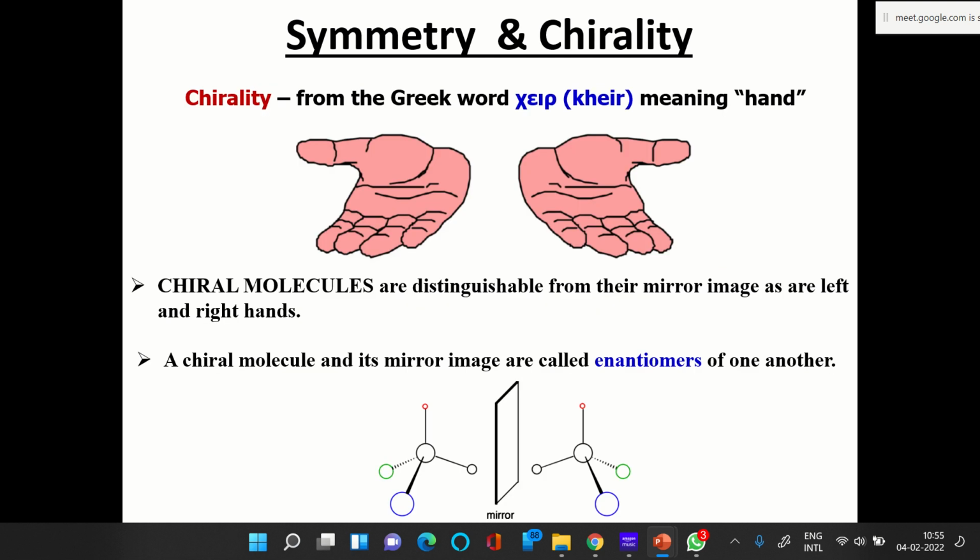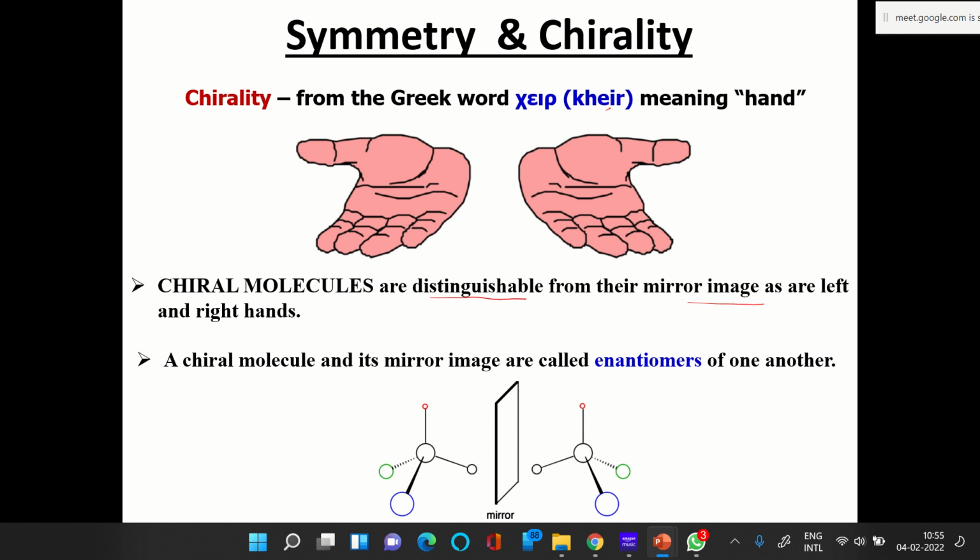Now we can also discuss chirality and optical activity, and how we can predict whether a molecule is likely to be chiral or not. Chirality is a Greek word derived from cheir, meaning handedness. When you look at mirror images, chiral molecules are distinguishable from their mirror images, just as our left and right hands.